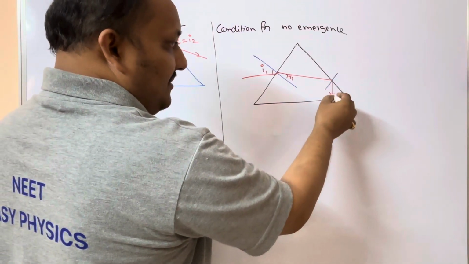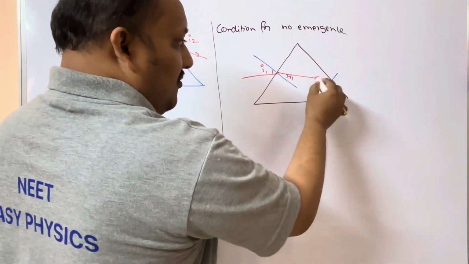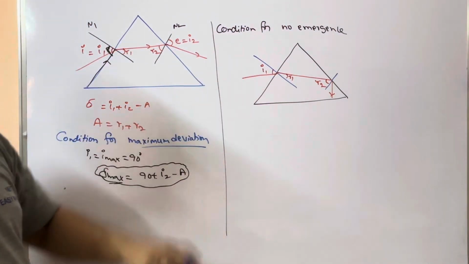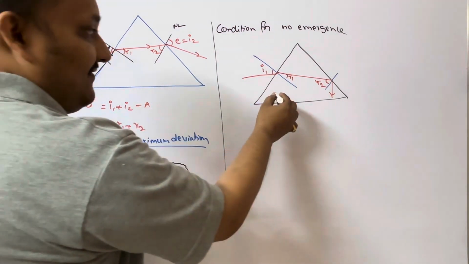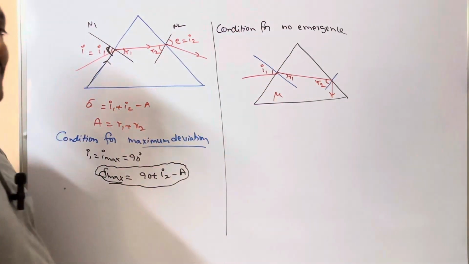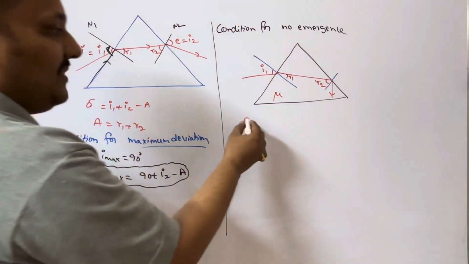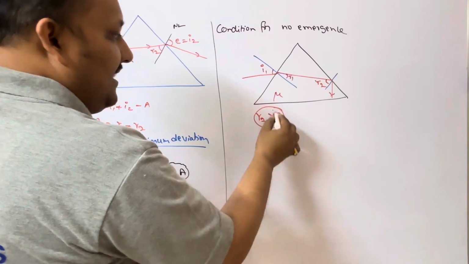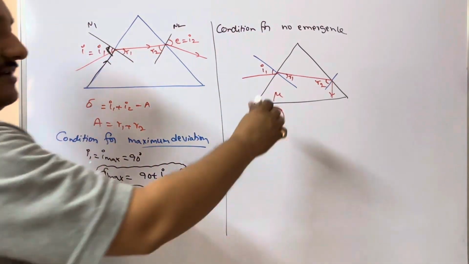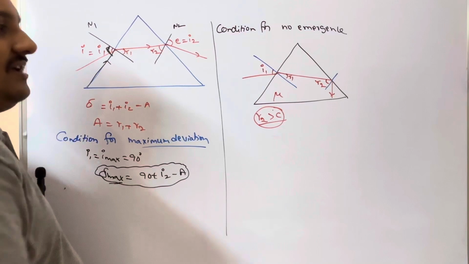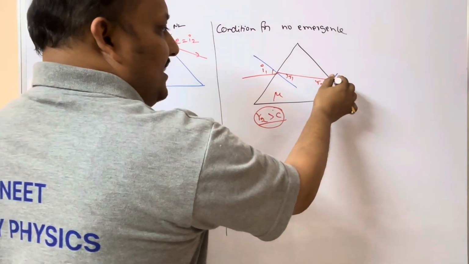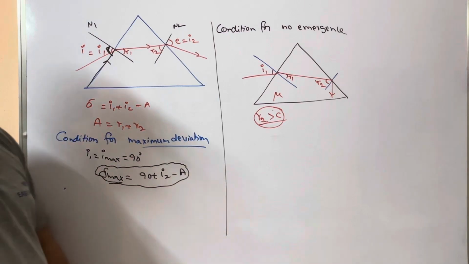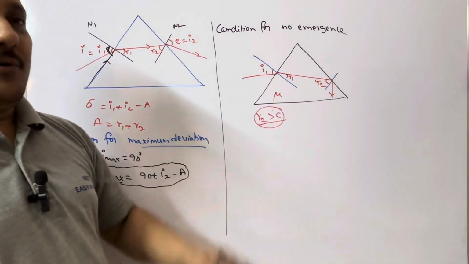What should R2 be? In total internal reflection we discussed, its refractive index is mu. R2 should be greater than or equal to the critical angle C. If it is equal, it will go along the surface. They will be asking these conditions whenever they give problems on this.